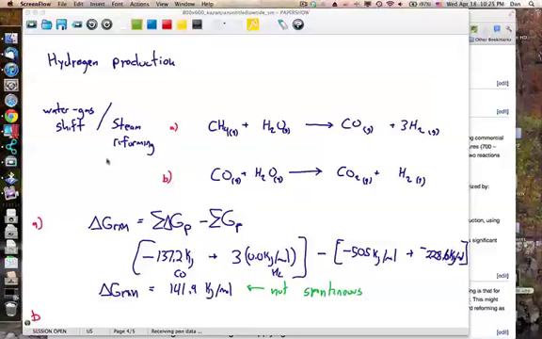We can do a similar analysis for reaction B, though for the second reaction, the delta G of reaction is equal to negative 28.6. So of these two reactions, we could see that one of them is spontaneous and the other is not. While it looks like it would be fairly easy to use carbon monoxide to make hydrogen, it's not necessarily easy to use straight from methane.